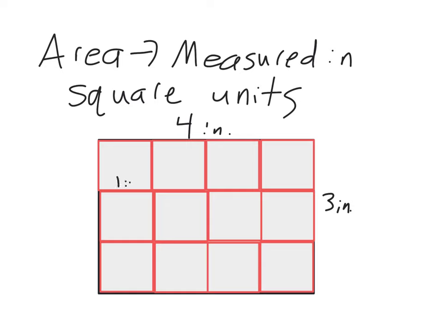So this is 1 inch by 1 inch. How many square inches are inside this rectangle? 12. There are 12 squares that are an inch by an inch. So we would say this is 12 square inches.